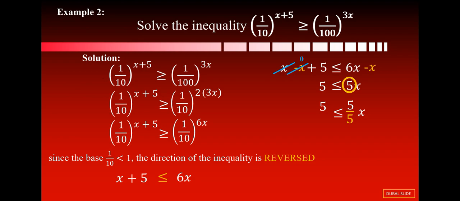Then on our left side, 5 divided by 5. The resulting answers will be 5 divided by 5 is equal to 1, times x is just equal to x. Then copy the inequality. Then on our left side, 5 divided by 5 is equal to 1. And that is our final answer.